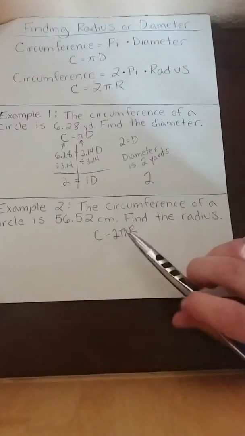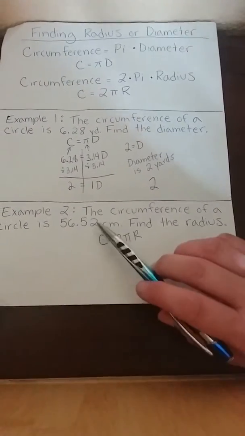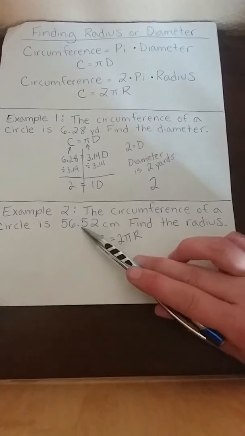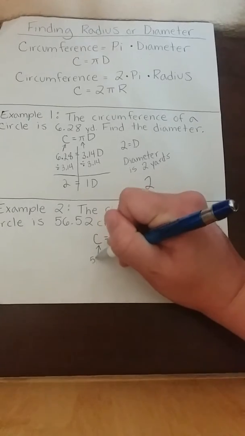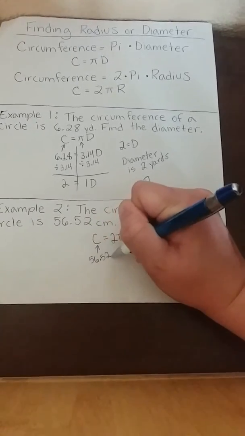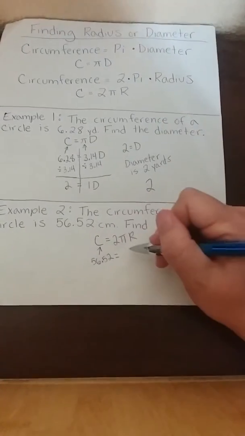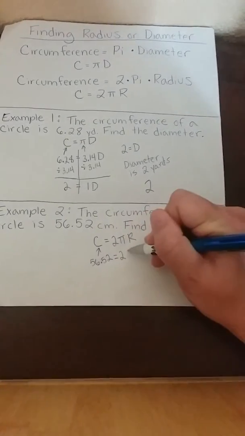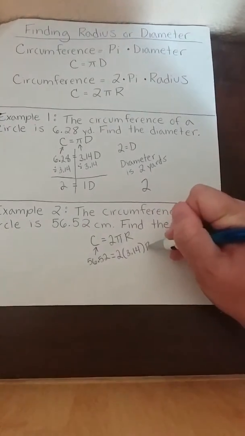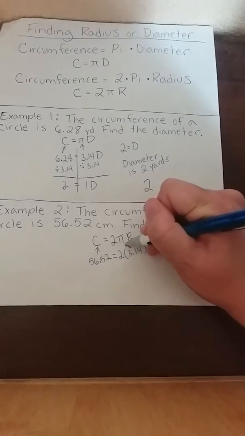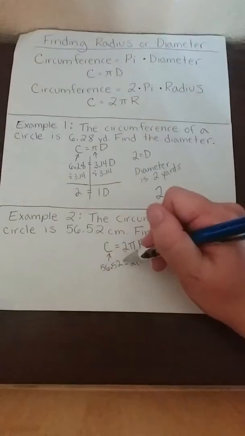Again, yesterday we had pi and we had r. Today we don't have r, that's what we're looking for. We have circumference, so this 56.52 goes where the C is. So we have 56.52 equals 2 times 3.14 for pi times r.